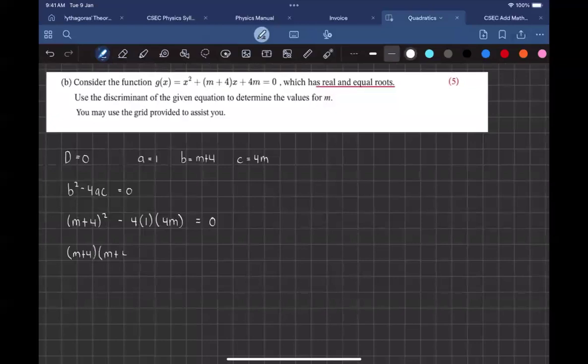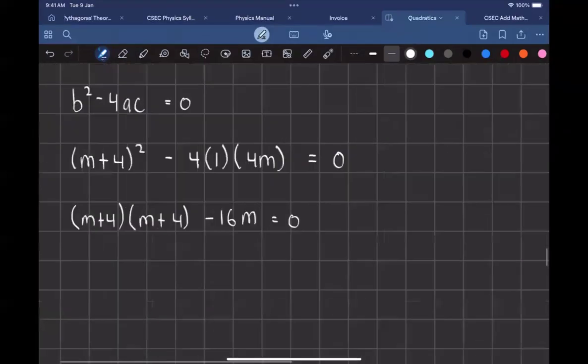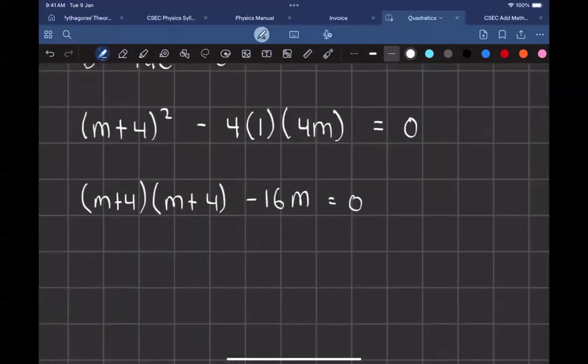We can work this part over here. So it's minus 4 by 1, and minus 4 by 4m is minus 16m, equal to 0. Let me expand this. m by m is m squared. m by 4 is plus 4m. 4 by m is plus 4m. 4 by 4 is 16, so plus 16.